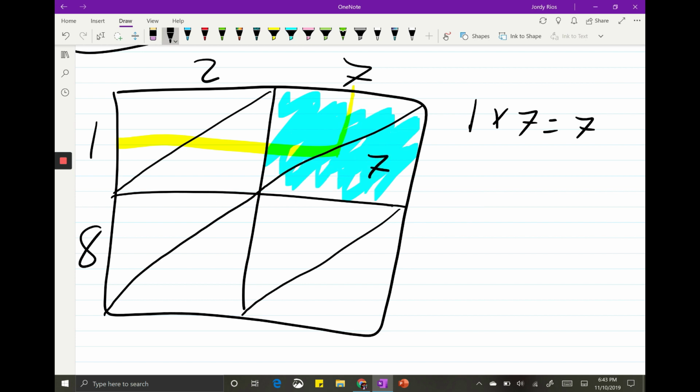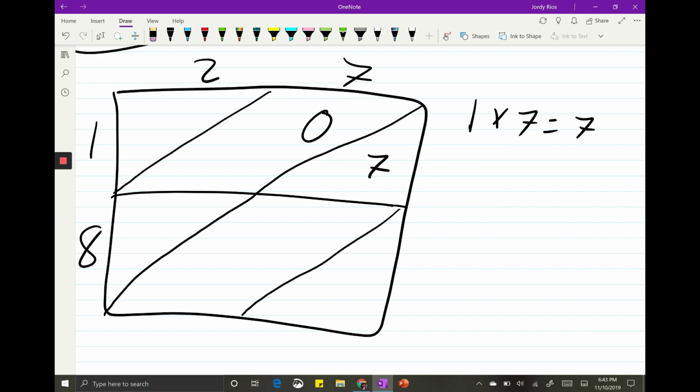I'm going to put a 7 in the ones place value, which is here, and a 0 in the tens place value because I have nothing in my tens. My 7 is the ones, not in the tens area.